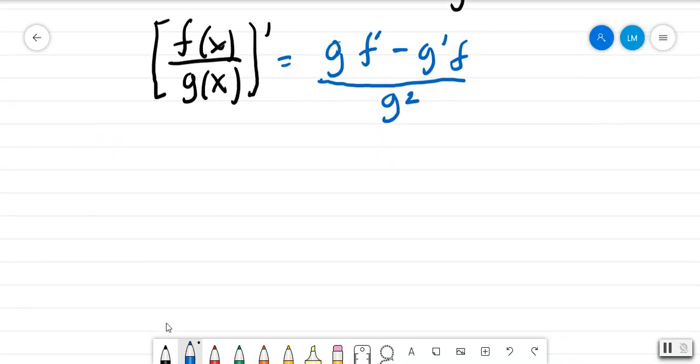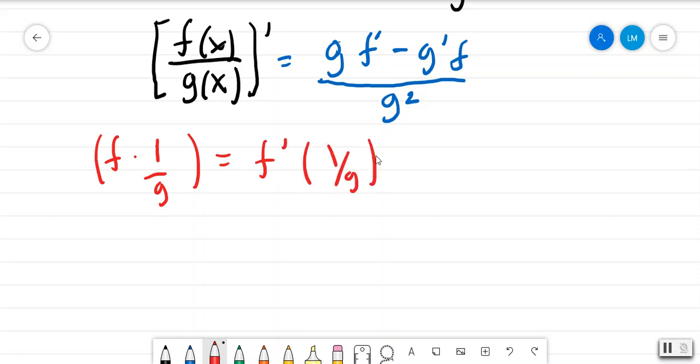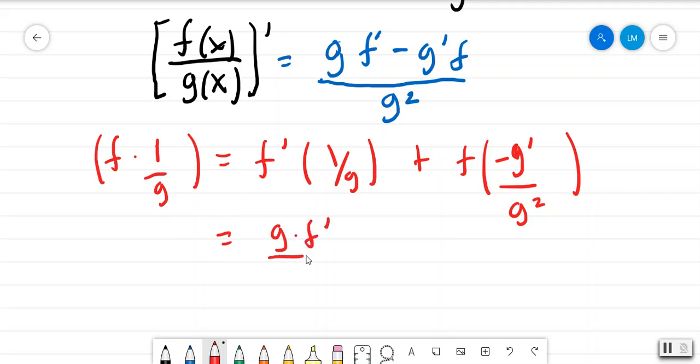Now, the way that you can actually prove it is the following. You have f times 1 over g, and accordingly you can use a form of product rule and reciprocal rule, which says f prime times 1 over g plus f times negative g prime divided by g squared. So what this means is that you have g times f prime divided by g.